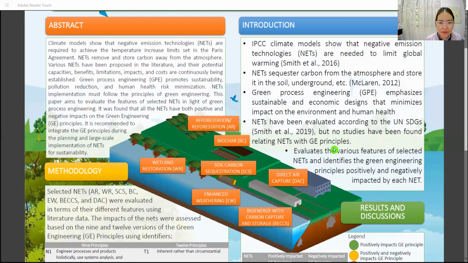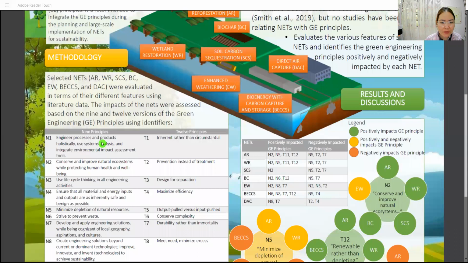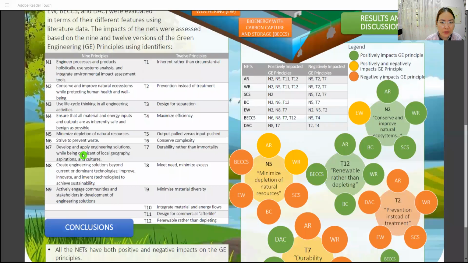Thus, this paper evaluates the various features of the selected NETs as mentioned and identifies the green engineering principles positively and negatively impacted by each net. The impacts of the NETs were then assessed based on the 9 and 12 versions of the green engineering principles using the identifiers as shown in the table.